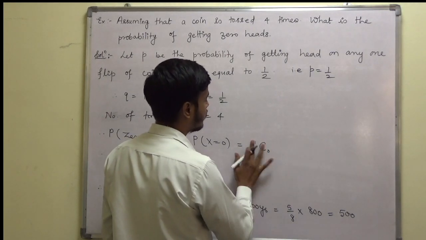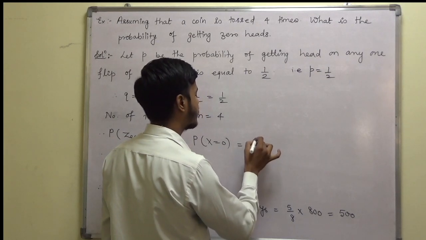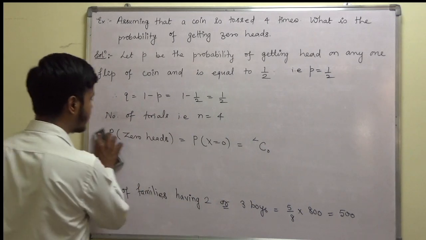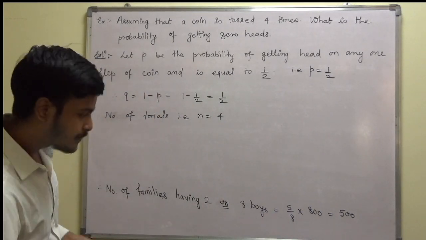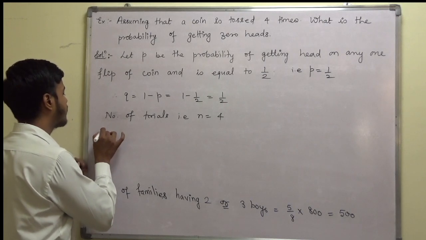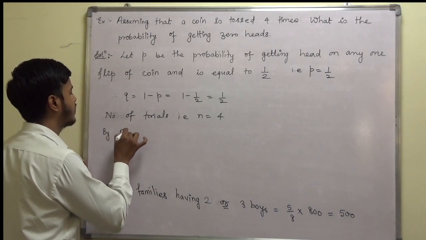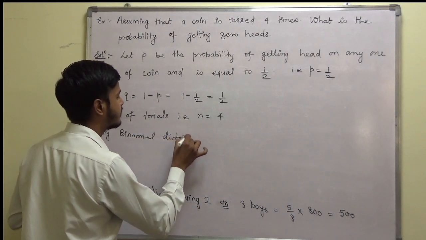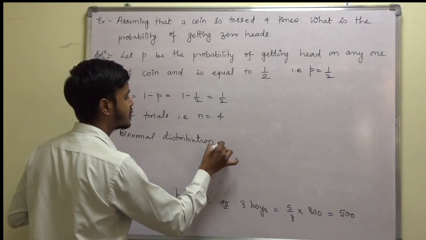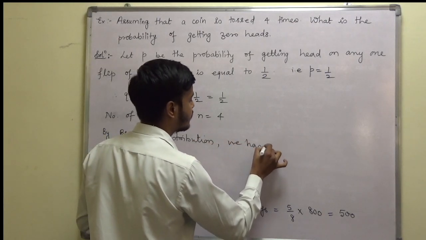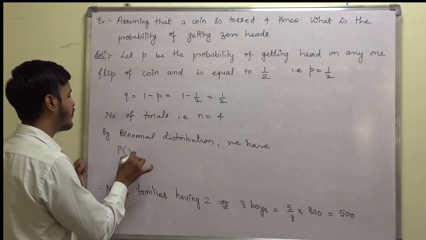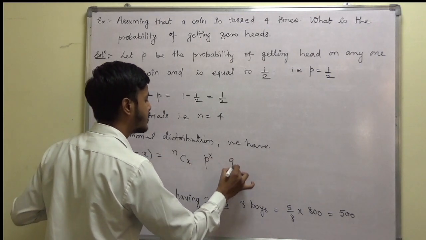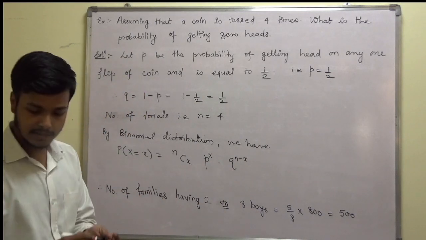I will write the general formula first, because by binomial distribution we have probability of x is equal to nCx p to the power x into q to the power n minus x.